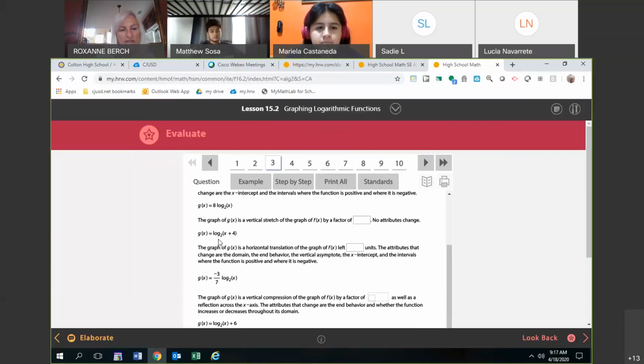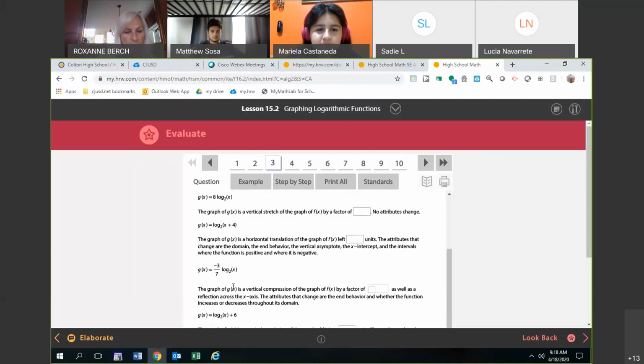Another g function, log base 2 of the quantity x plus 4. The graph of g of x is a horizontal translation, that's the h value, of the graph of the parent left what? 4. 4. Really hard, right? So you guys were all stressed out about nothing. This is easier than the exams I give. Let's take a look at the next one.